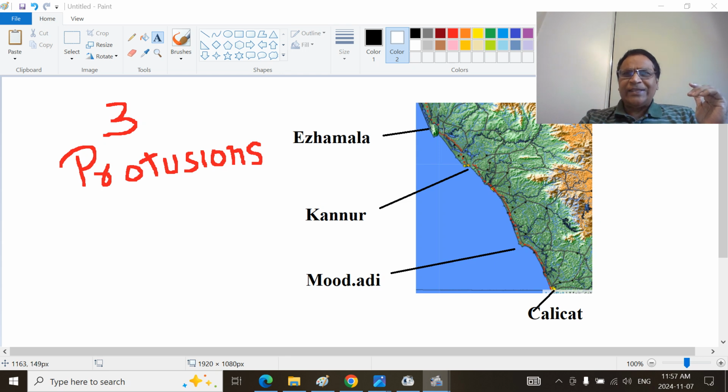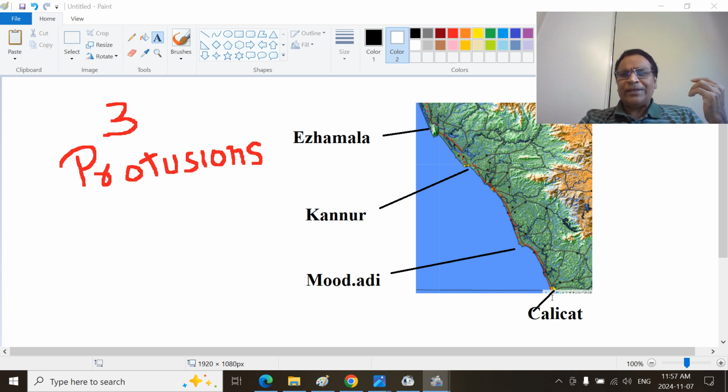This is the Easy-Mala. There is a big naval headquarters of the government of India. It's also one of the biggest in Asia, I think. Easy-Mala promontory or protrusion, that is near to Payanuru. And then the Kannuru protrusion here. Then the Mudadi protrusion.